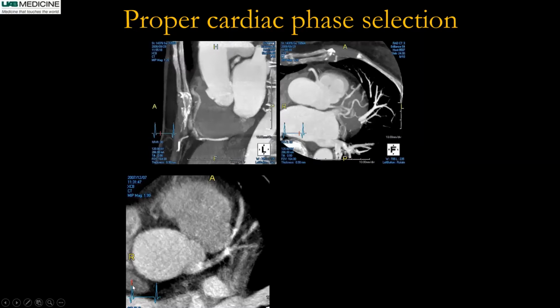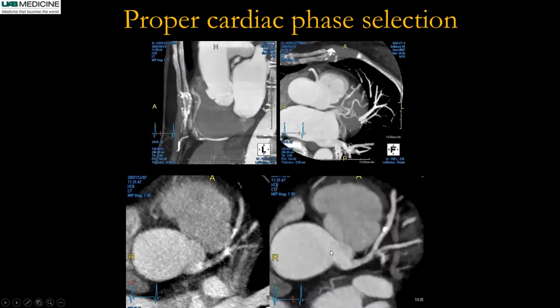But if you look carefully, we are at the 0% phase. This is not the end diastole phase, late diastole phase, where the coronary artery motion is least. So if you go to that phase, which is here, now you can see all the vessels much nicer. So very important to pay attention to these phases when you have a multi-phase exam.